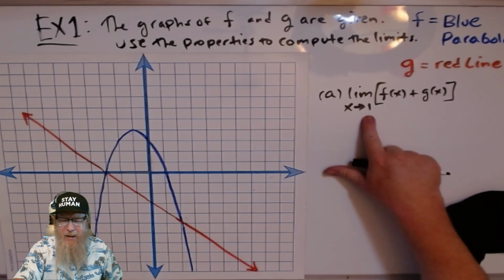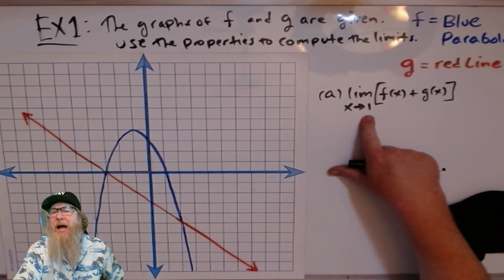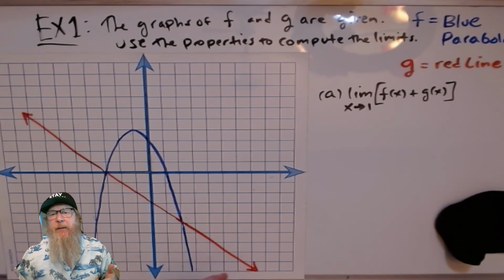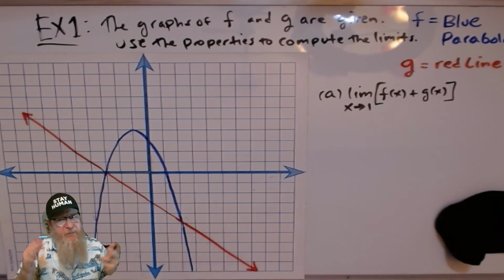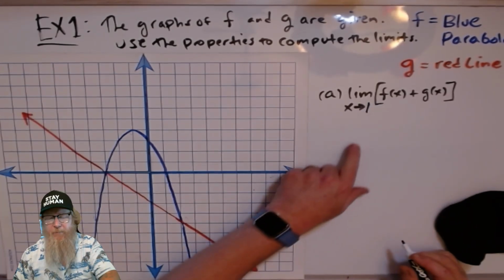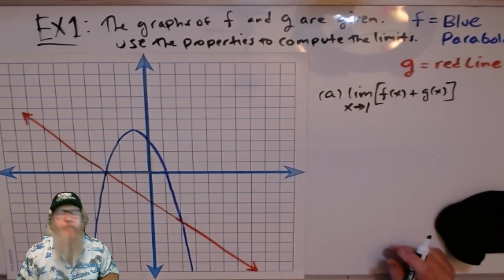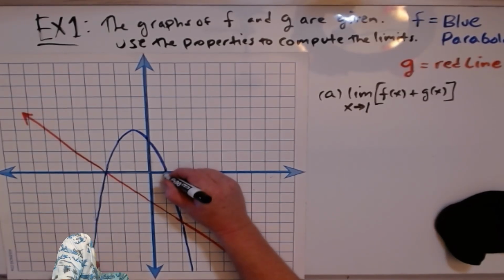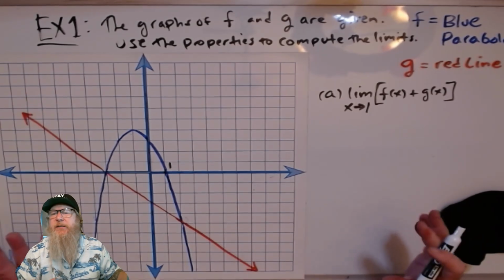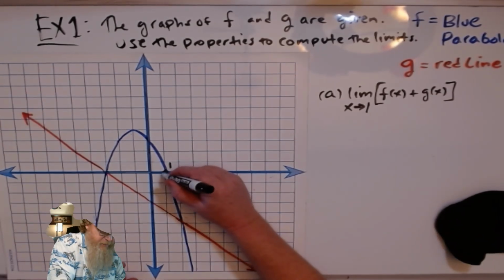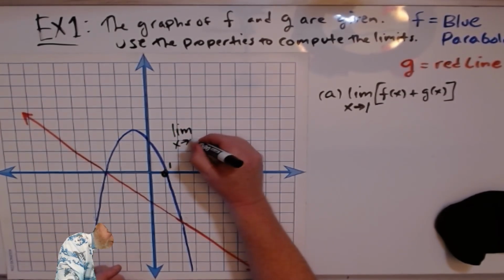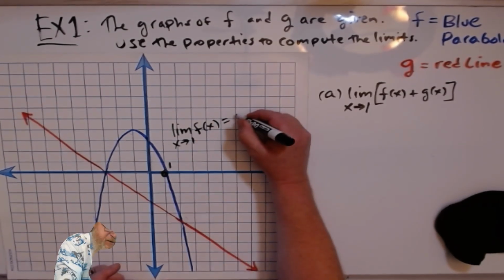Now we're not worried about the left and the right. All of the properties I just talked about apply to both left and right limits. Otherwise, there would be 9 more properties for the left and 9 more for the right. We're just looking at the general limit as x approaches 1. This looks like 1 here, assuming it's a unit scale. So the limit as x approaches 1 of f is 0.